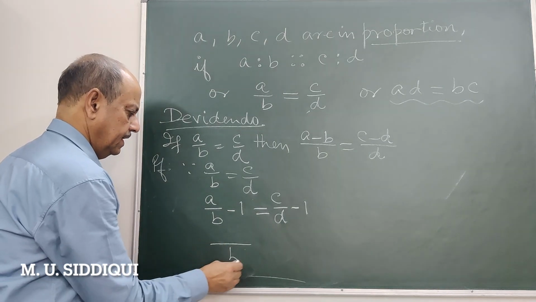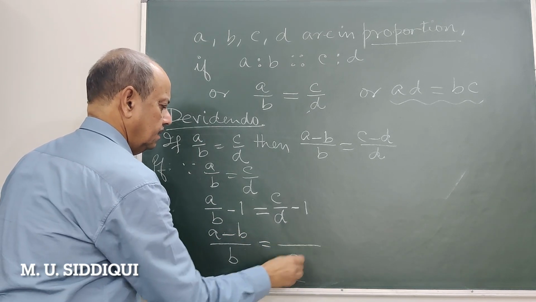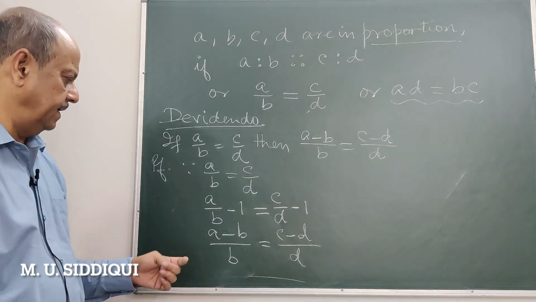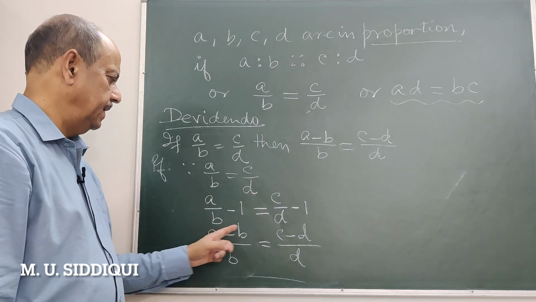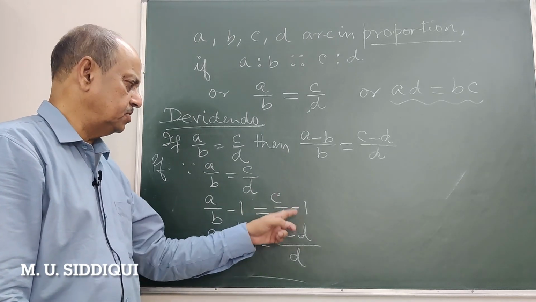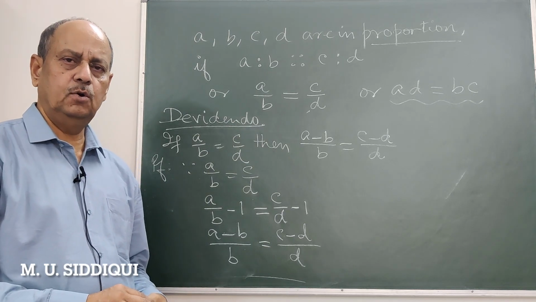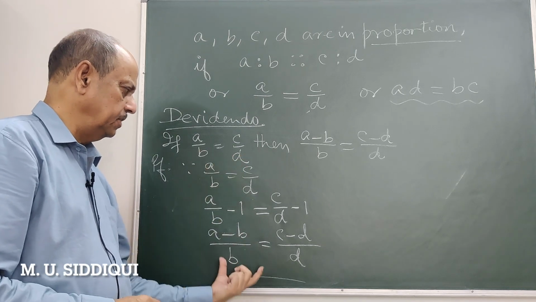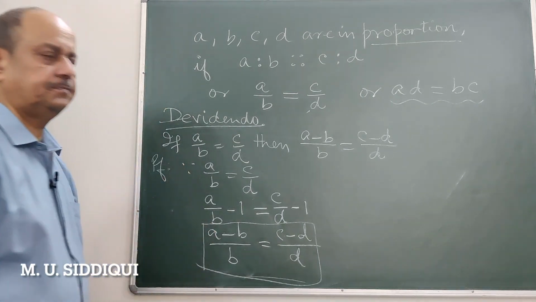Take LCM, you will get B. This is A minus B, this will be C minus D. As simple as that. Once again, if A upon B is equal to C upon D, we can say A minus B upon B will be equal to C minus D upon D. This is what is called the property Dividendo, which allows you to start from this statement and reach this statement.